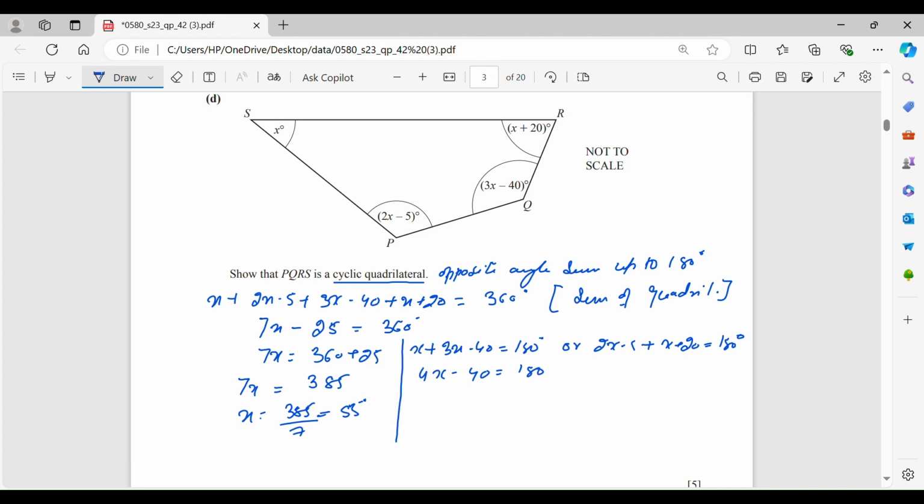With x equal to 55, 4 into 55 minus 40, this is 220 minus 40, which is 180 degree. Okay, so this pair is 180 degree.